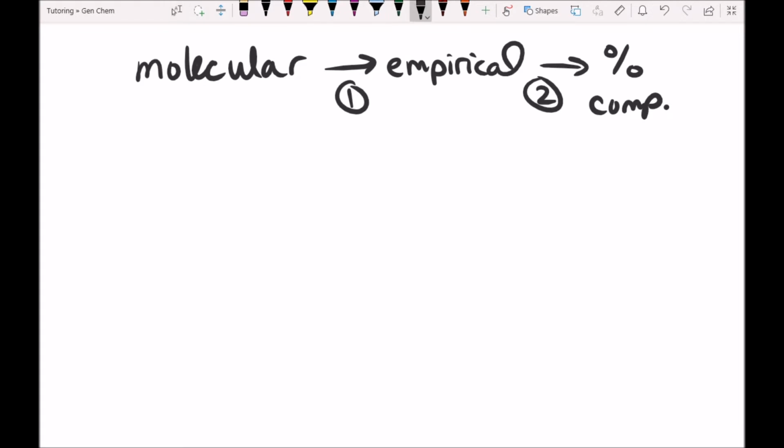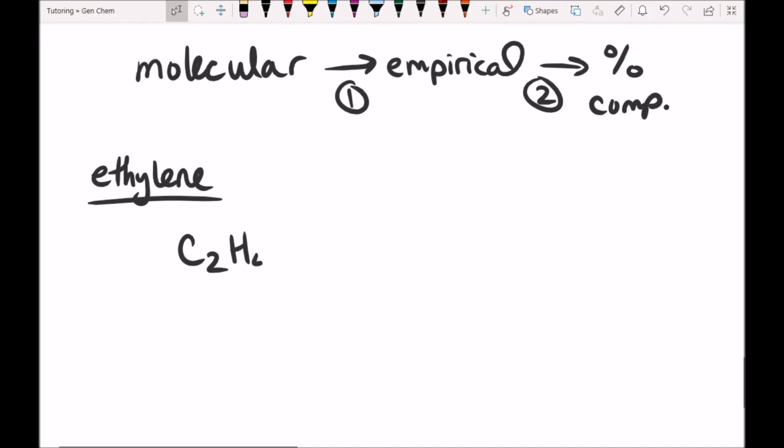And to do that, we're going to look at ethylene. Ethylene has the molecular formula C2H4. As we saw above, the empirical formula for C2H4 is CH2. So that was step 1, obtaining the empirical formula.